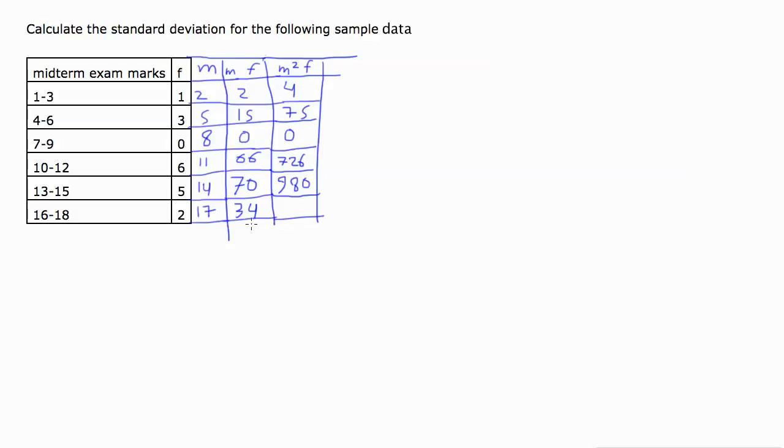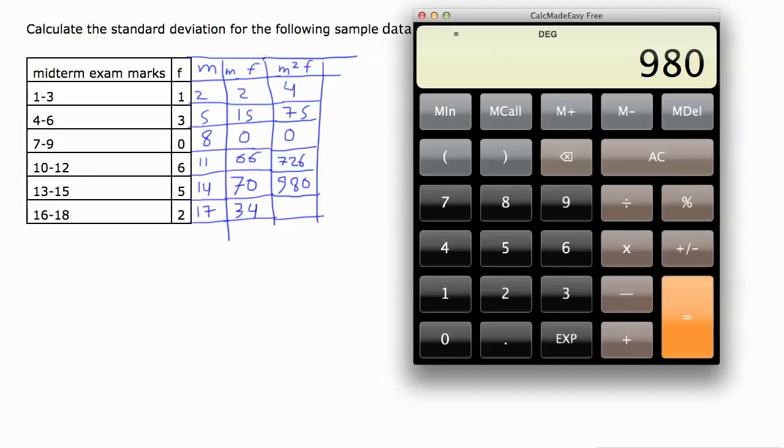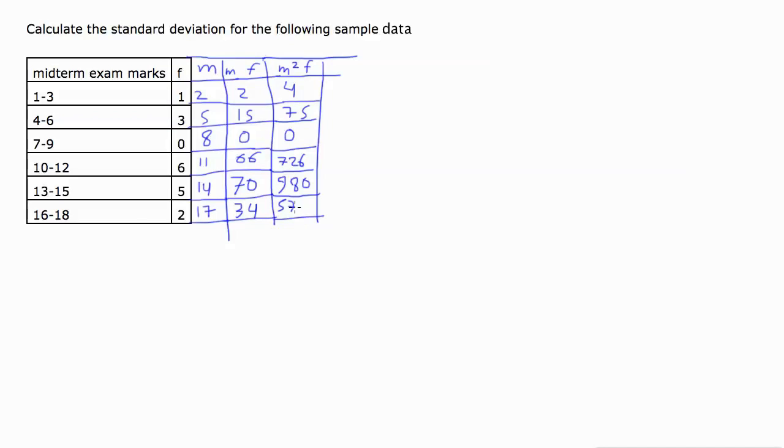And finally, 17 squared times 2. I'm choosing another way to do it. Remember, I can just multiply 17 times 34, or I can square 17 and multiply it by 2. So here I'll choose to square 17, which means I multiply it by itself, and then multiply it by 2. Same thing if you multiply 17 times 34. Yeah, same thing. 578. Okay, that's 578.